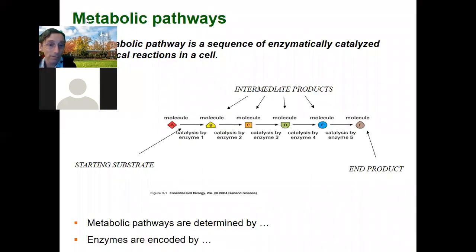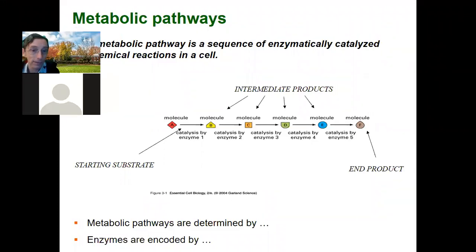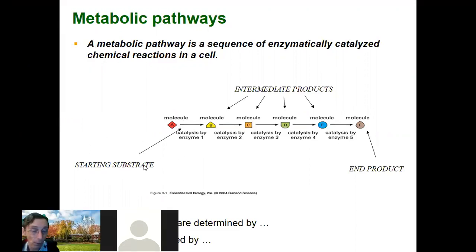In a cell, all of these chemical reactions will have an enzyme which will catalyze the conversion of one molecule to another molecule. The first molecule is called the starting substrate or the reactant, and the end molecule is called the end product. All of the in-between molecules are called intermediate products because molecule B is a product of this reaction, molecule C is a product of this reaction.